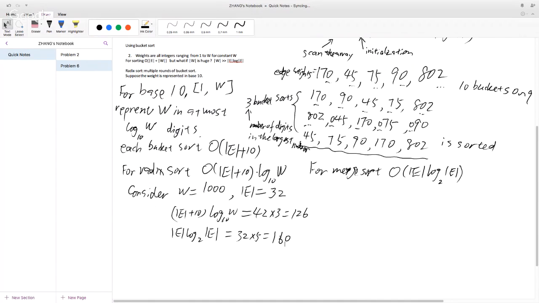This one is bigger than this one, even if W is 1000.